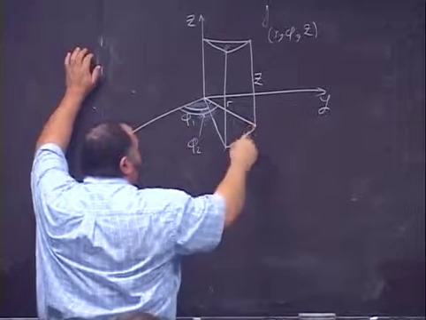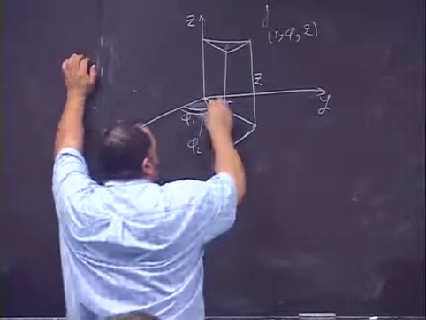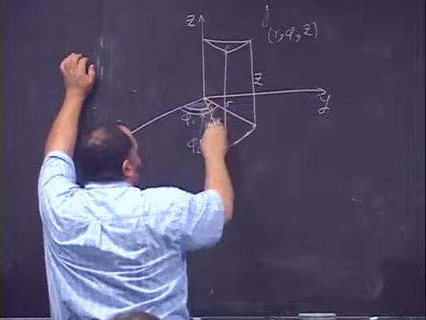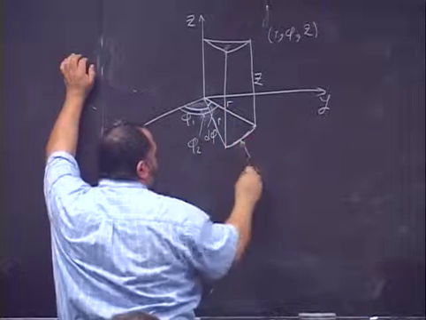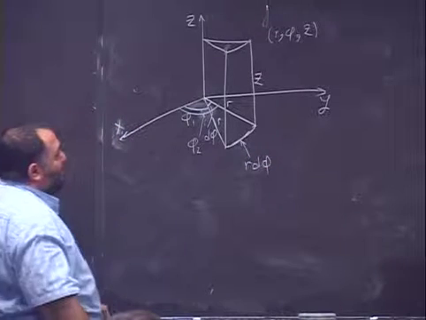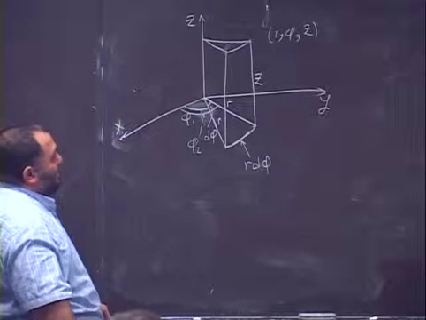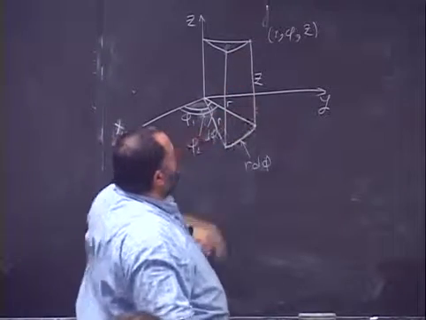What's the arc length here? This is delta theta, or delta phi, sorry. So this arc length is R delta phi. And what's the height here?